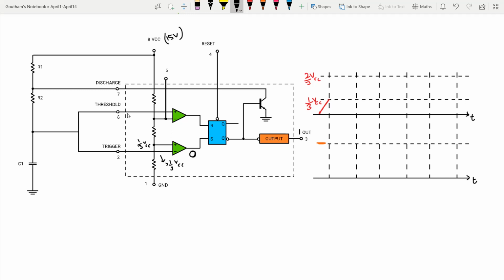Over here, the threshold is now a voltage greater than 1/3 VCC, very near to 1/3 VCC, but Vn is at 2/3 VCC because of the potential divider. Of course Vp is less than Vn, so the output of this comparator is still 0, whereas the output of this comparator, which was previously 1, is now made 0.